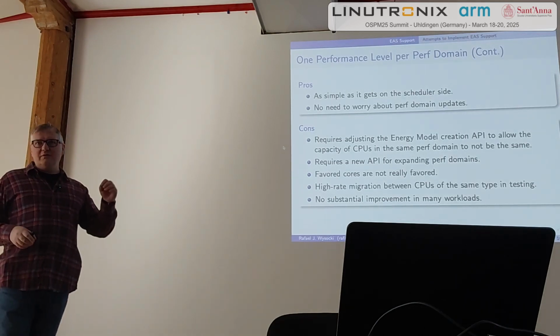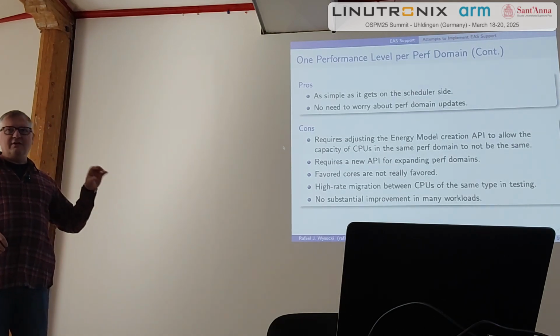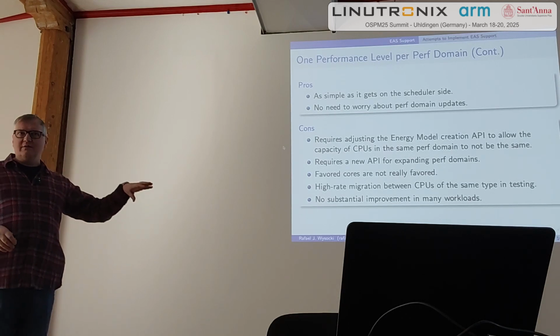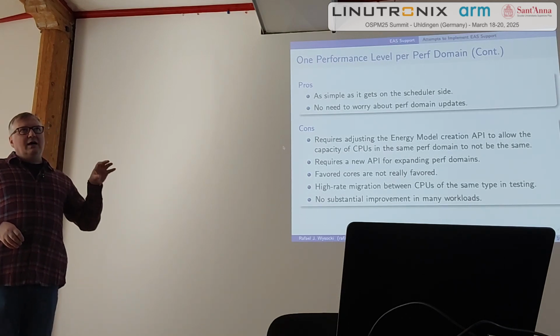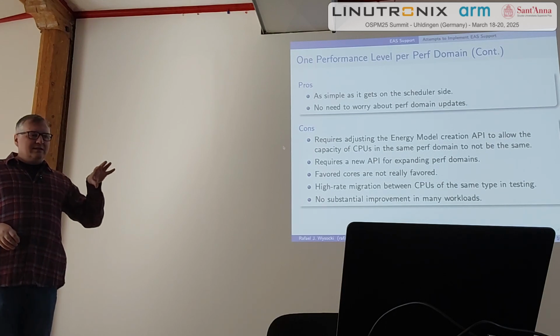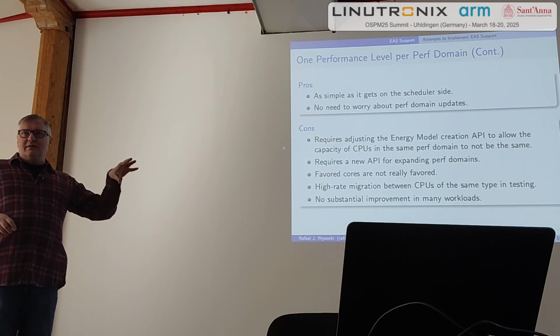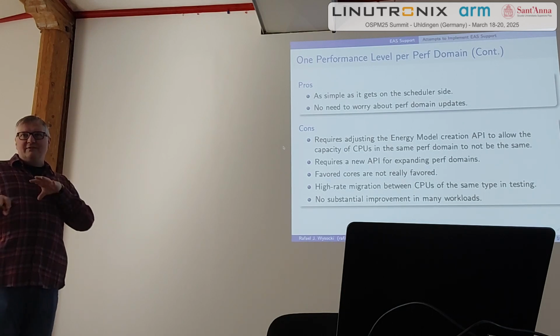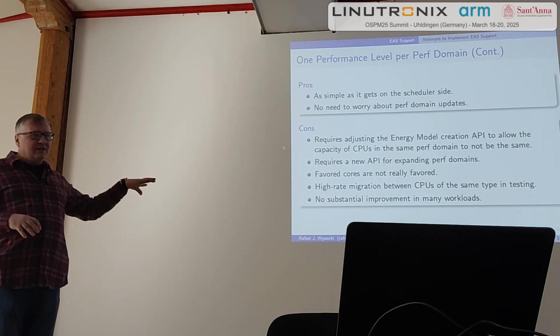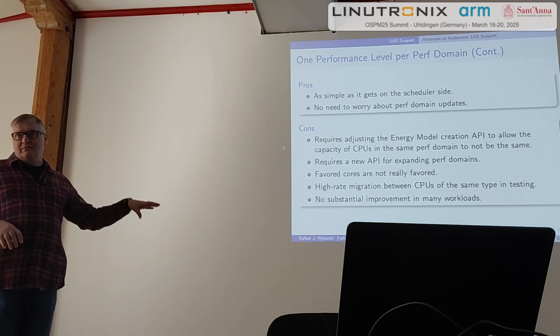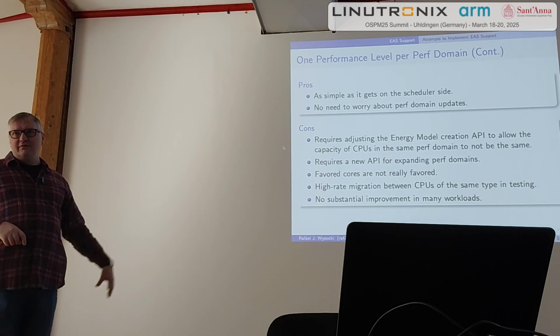So if a new CPU appears after initialization, like it was offline to start with, and then we bring it online, then it needs to be added to the perf domain that matches it, and this is not in the API for the energy model yet, so I need to extend it for this use case.